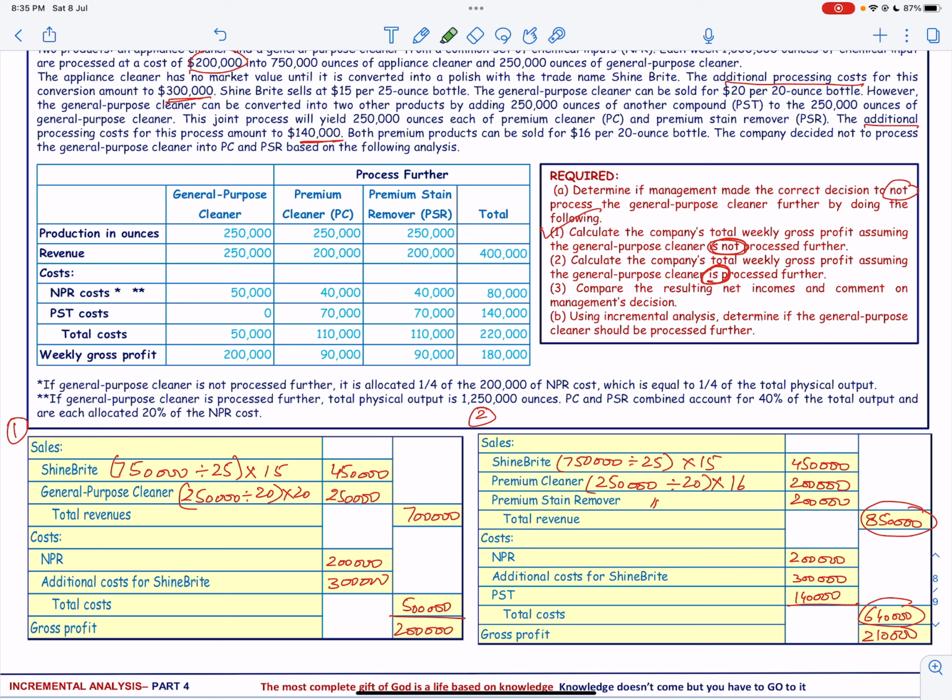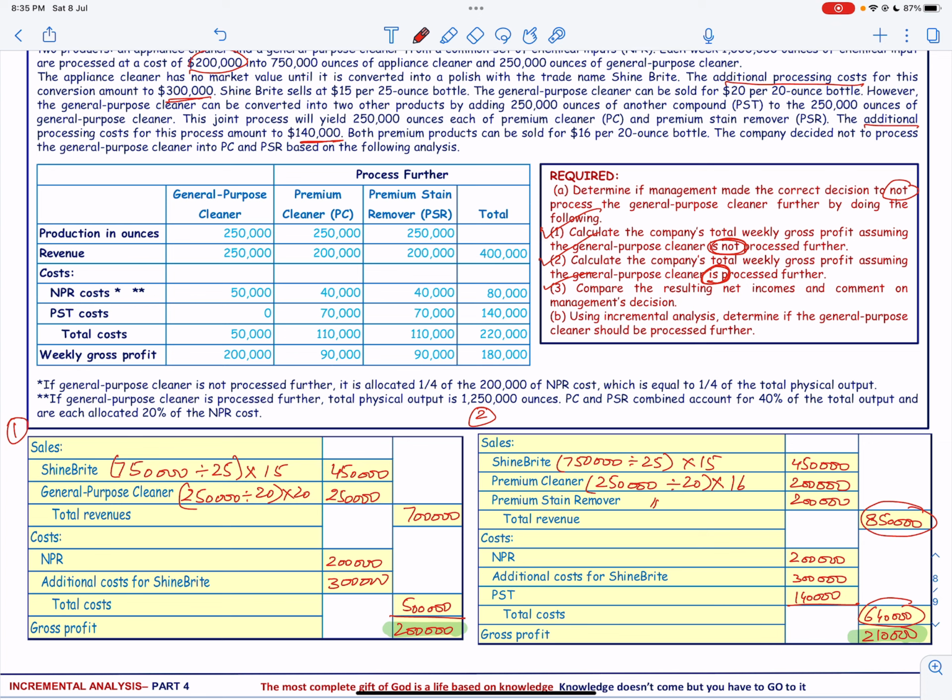So if we process further, our profit is 210,000, and if we don't process, it is 200,000. So this is number 2 done, and we move on to number 3. Compare the resulting net incomes and comment on management decision.